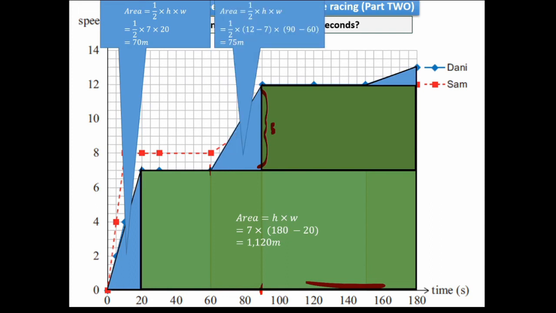Okay, you can see there. Now we're going to do this rectangle. It's still only 5 units high, but how wide is it? It is from 180 down to 90, so it's 90 wide. So 5 times 90 gives us 450.